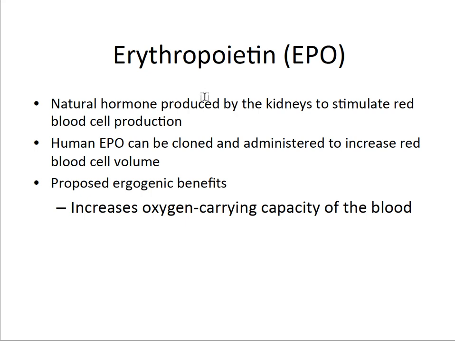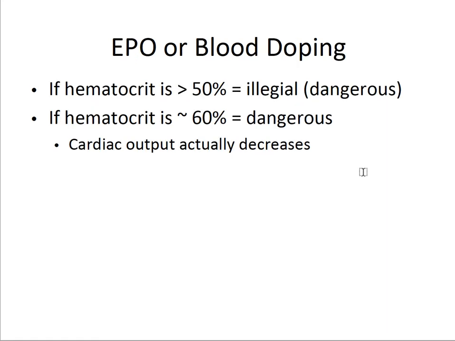And erythropoietin, or EPO, is similar. It's a natural hormone that we are secreting, but you can administer external EPO, and that will increase the red blood cell volume. And it's the same idea as blood doping. And so currently, probably most males have a hematocrit of about 45%, women maybe slightly less than that.